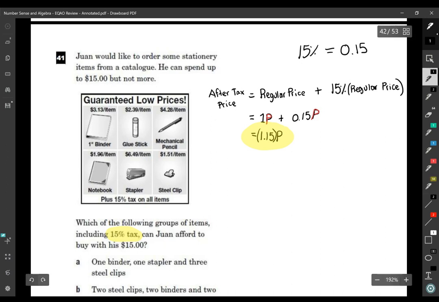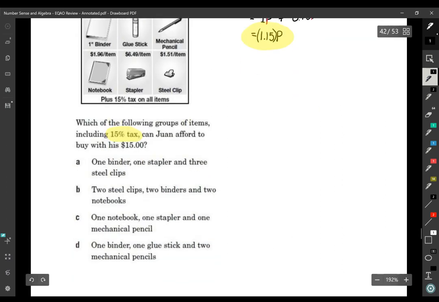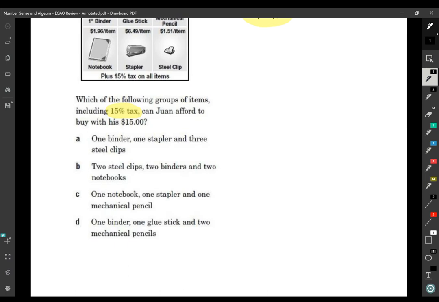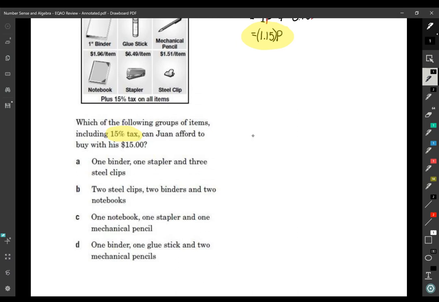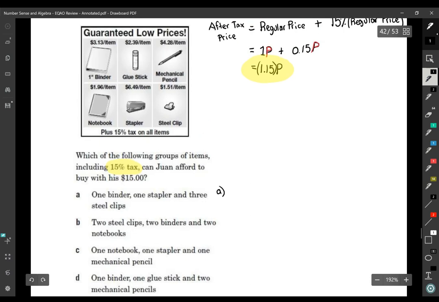Let's figure out the before-tax prices for each one of these. That's what I'm going to start off doing. For A, I have one binder, so that's 3.13, plus one stapler, that's 6.49, plus 3 steel clips, so that's plus 3 times 1.51.